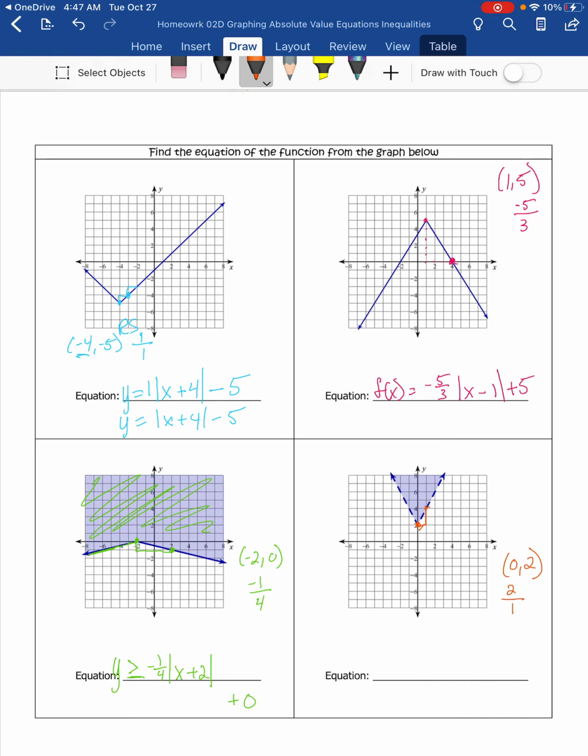And I noticed that it's shaded above as well, so I know it's going to be greater than still, but it's not going to be or equal to. So I know it's going to be y is just plain greater than. My slope is 2. You could do x minus 0 or x plus 0, that's fine, but I'm not going to write that.